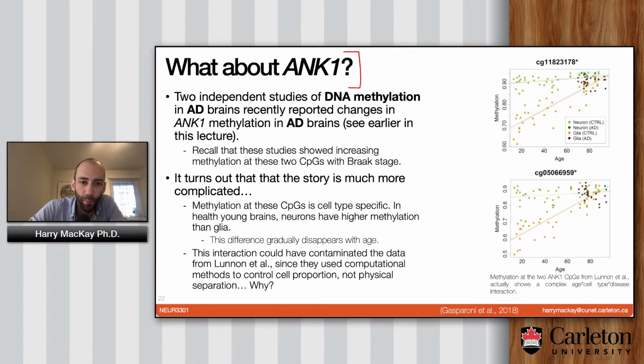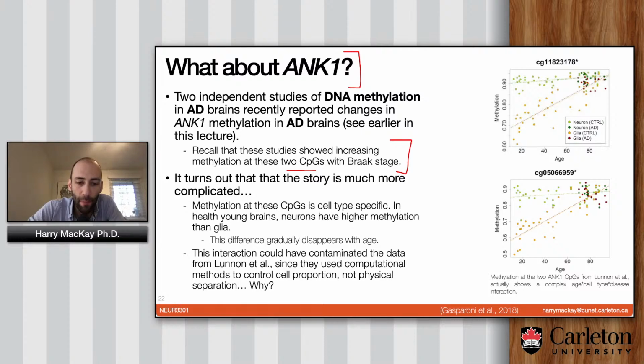The studies, I should say, show that the methylation levels increase as the Braak stage advances. So the more advanced you are in Alzheimer's disease, the higher the level of methylation is at these two CpGs around the ANK1 gene. The reality is the story is much more complicated than this.